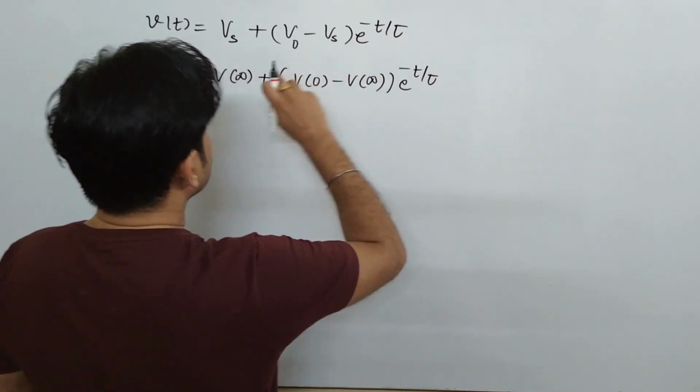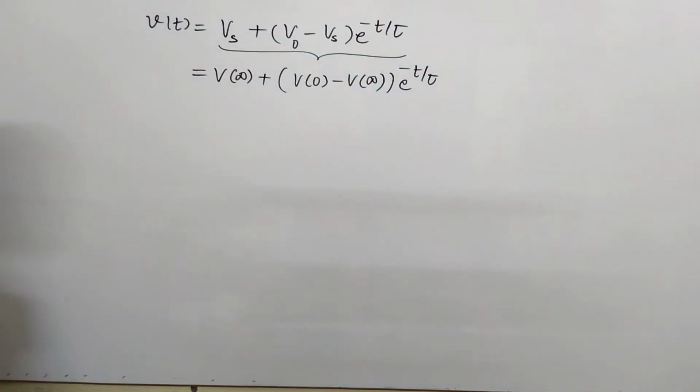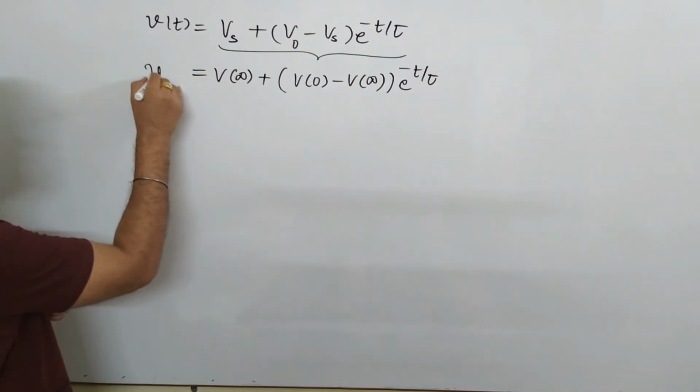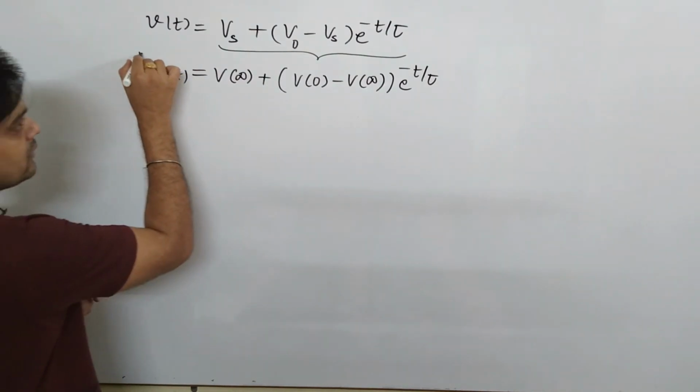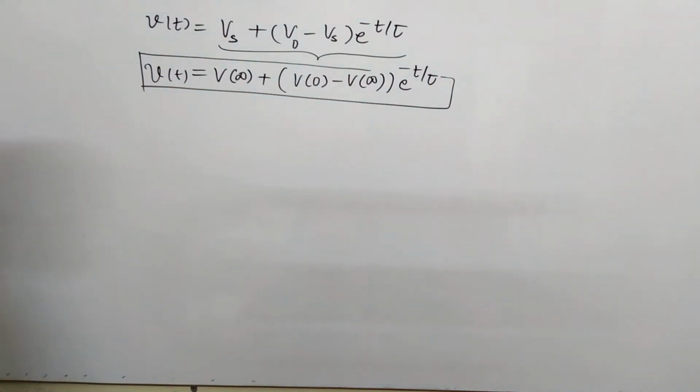We have seen this equation to understand RC circuits, but now it is our important equation, because in all the problem solving sessions we will go through this equation. So this is an important equation.